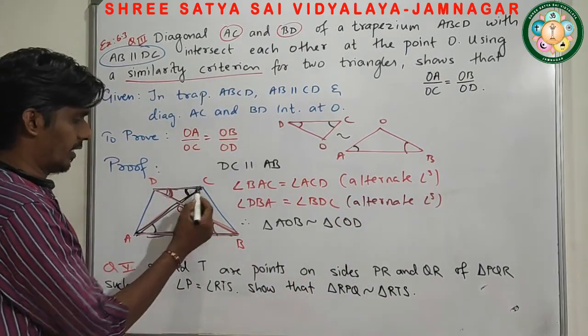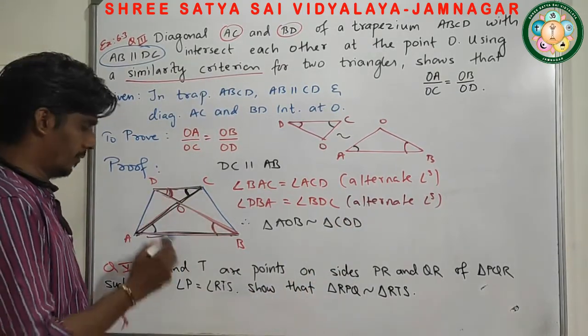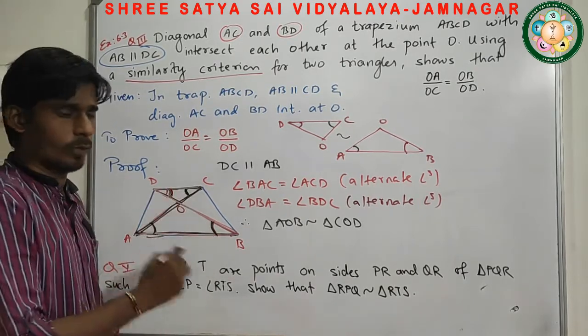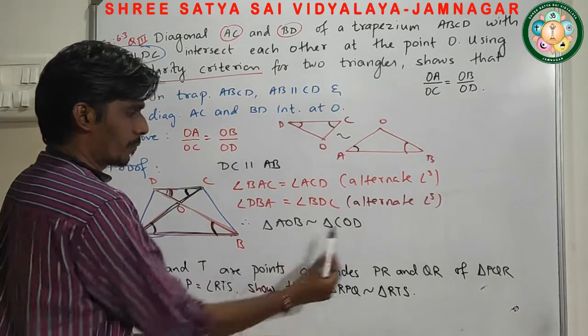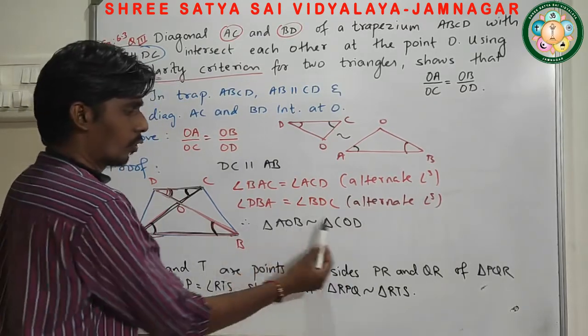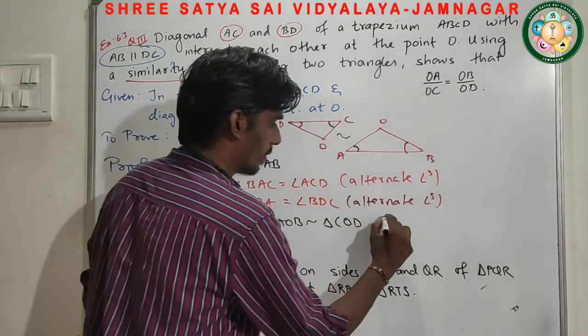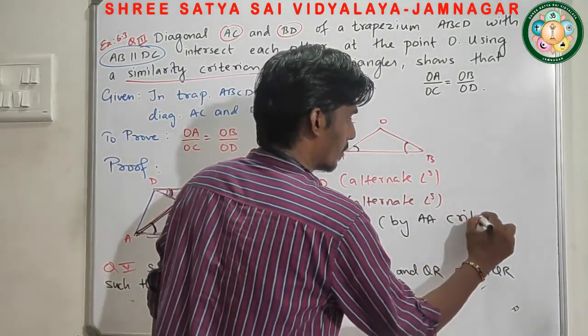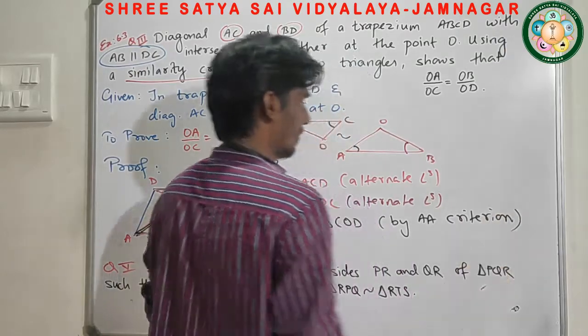A corresponds to C, B corresponds to D, O corresponds to O. Reason? By angle criteria.